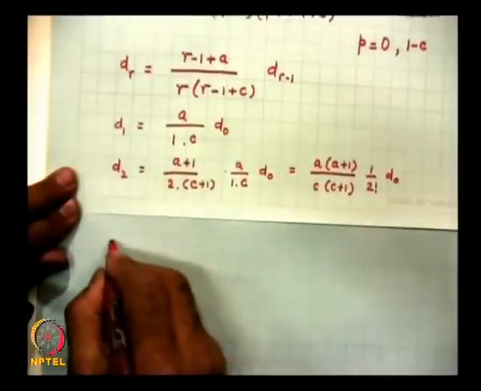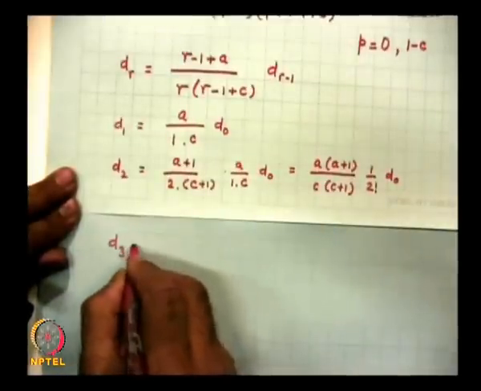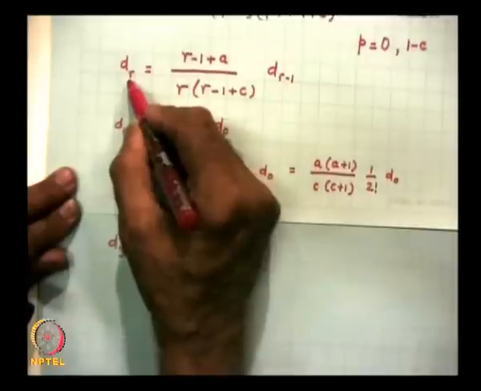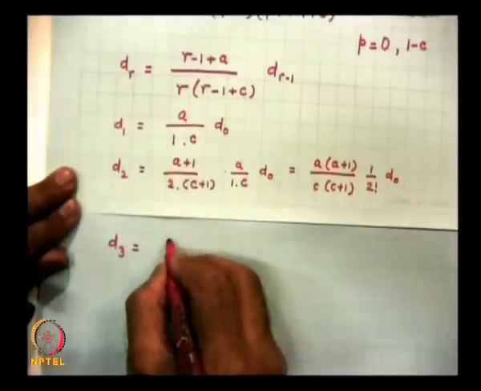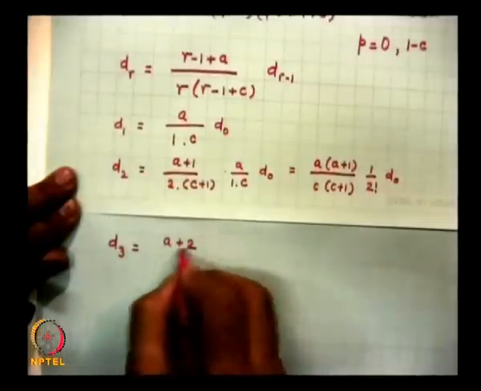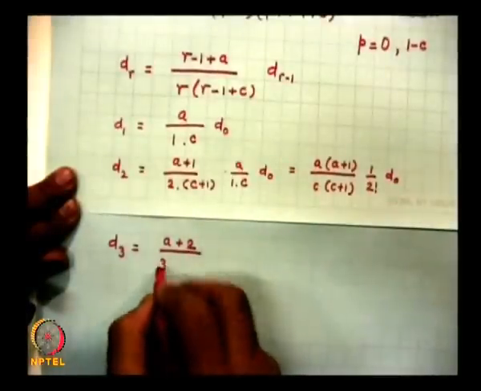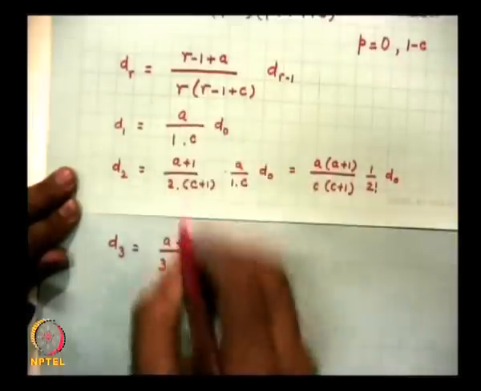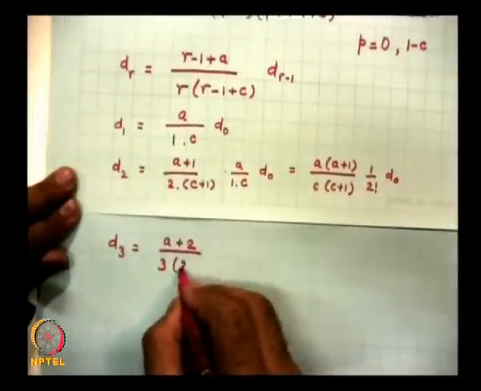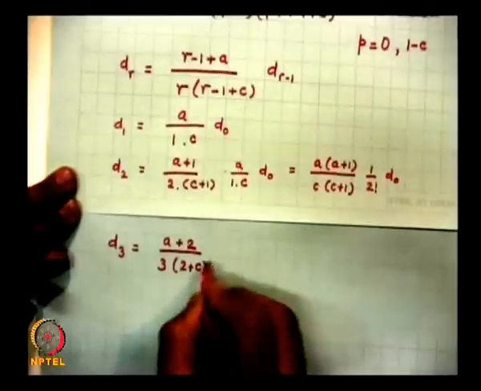So, let me write down one more term, d3. So r is 3, so 3 minus 1 is 2. So this is a plus 2 divided by 3, and 3 minus 1 is 2, so 2 plus c into d2.